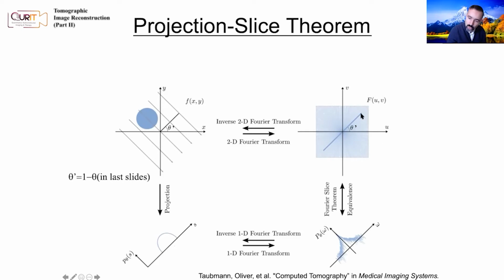Now, if you draw a slice, and this is where the name projection slice comes from, if you draw a slice at the exact same angle that is shown here through the 2D Fourier transform, you can prove that this slice's values are equal to this slice's values, which is the projection slice theorem.